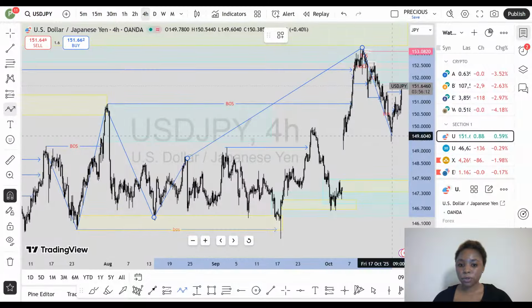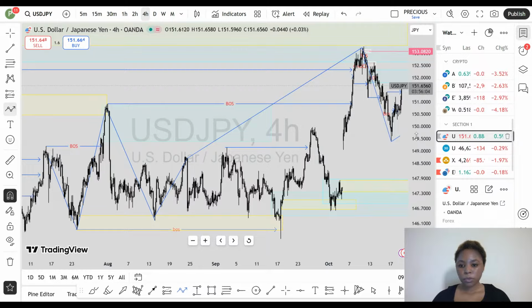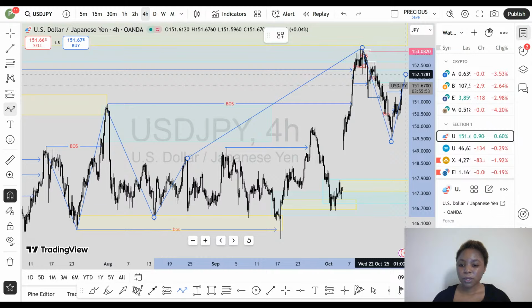You can see we have a break of structure here. So the market can mitigate, move upward to respect a break of structure to the downside here, to respect an order block here, sorry. And now we are expecting the market to come to this region here and buy from this region here.